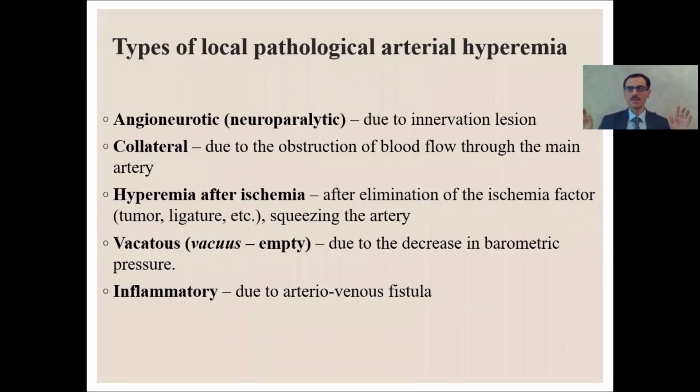There are some types of local pathological arterial hyperemia. Angioneurotic, or another term we call neuroparalytic, due to innervation lesion. Collateral: you know that some organs have a collateral blood supply, so during obstruction of the main artery the collaterals stay open.